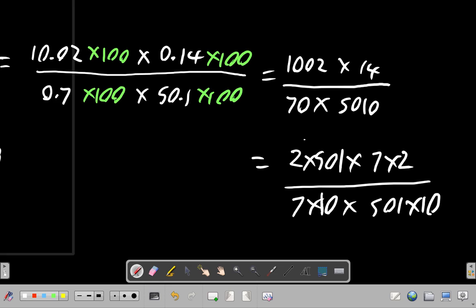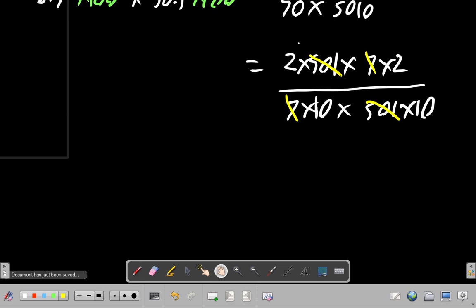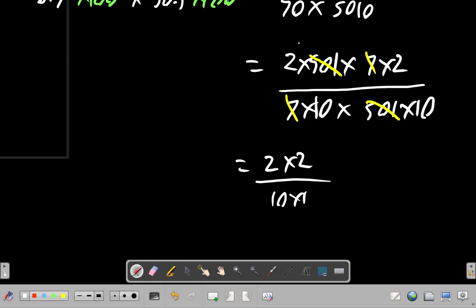You have 501, cancel 501. Alright? 7 cancel 7. So you see that. So what you have here is 2 times 2 up top divided by 10 times 10 down the bottom.